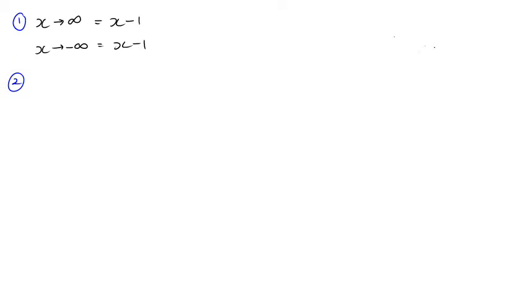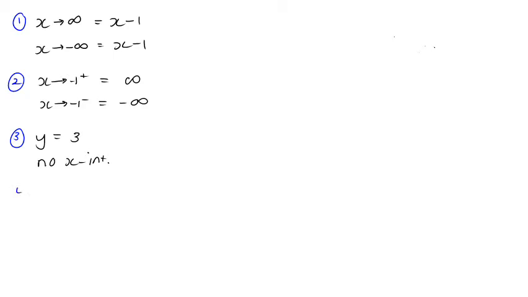From step 2, we had as x approaches -1 from the positive side, we got infinity, and from the negative side, we got negative infinity. We had a y-intercept of 3, no x-intercepts.